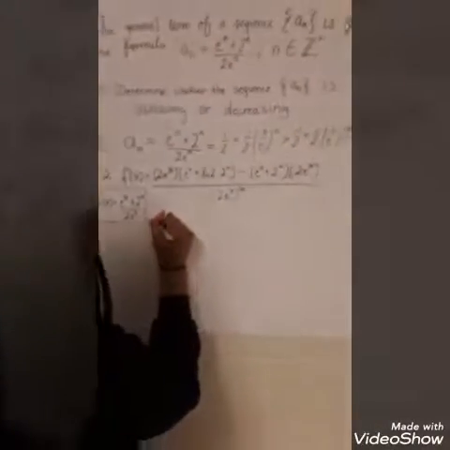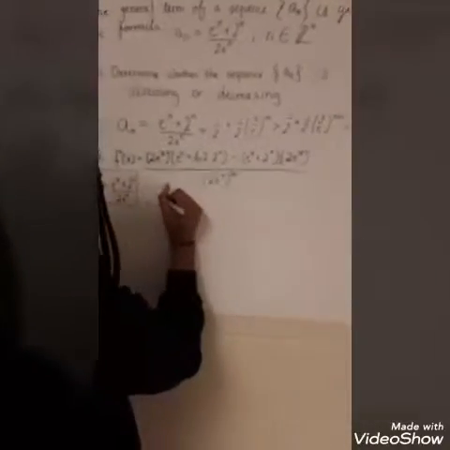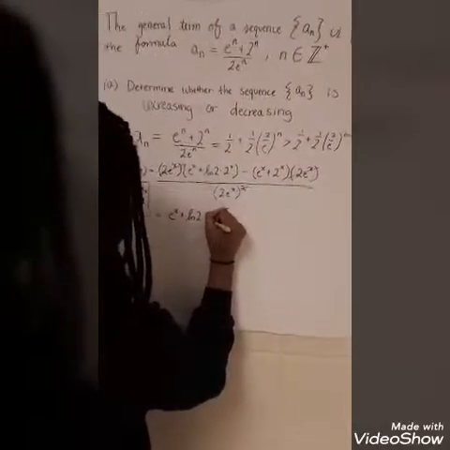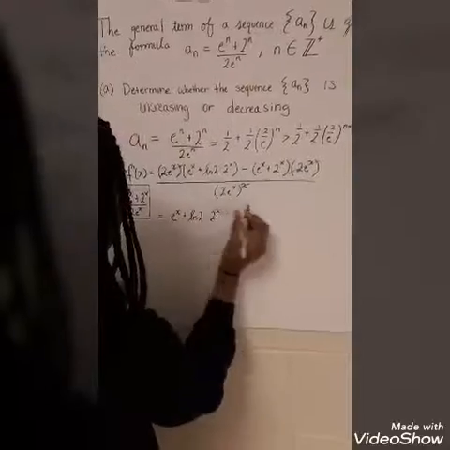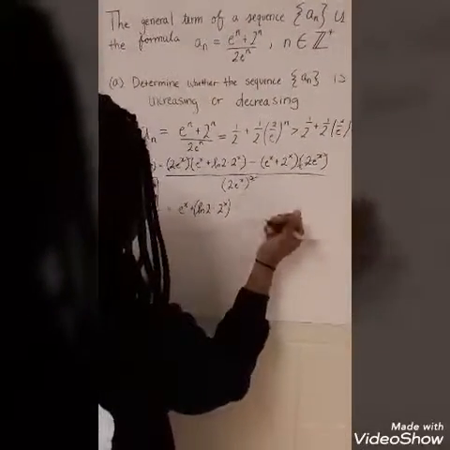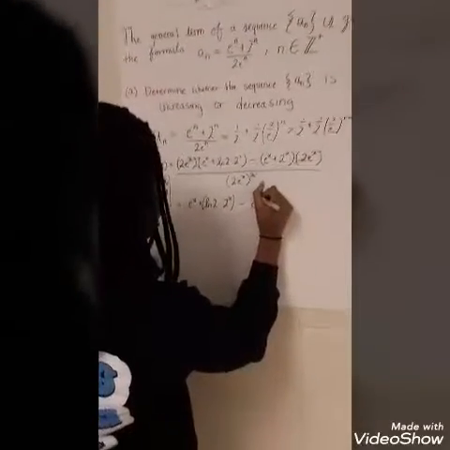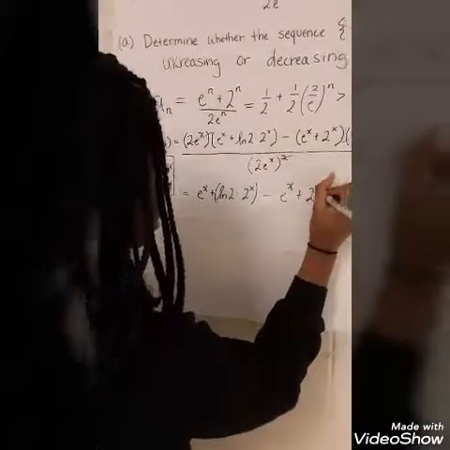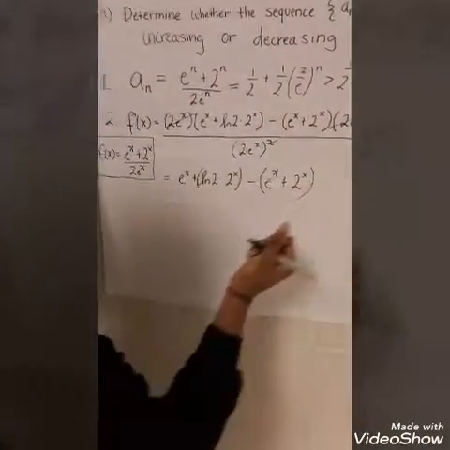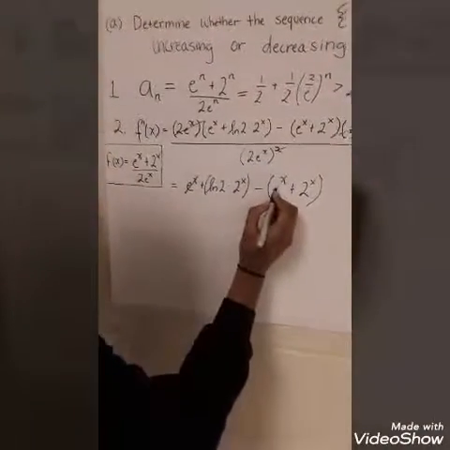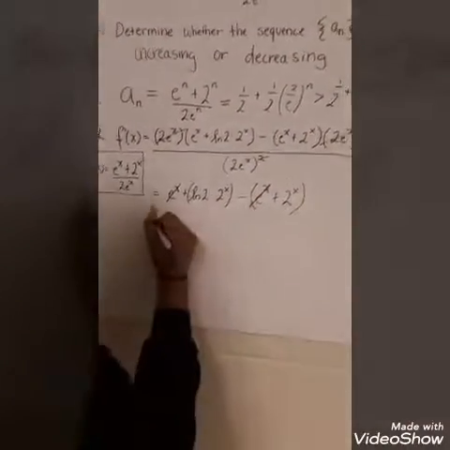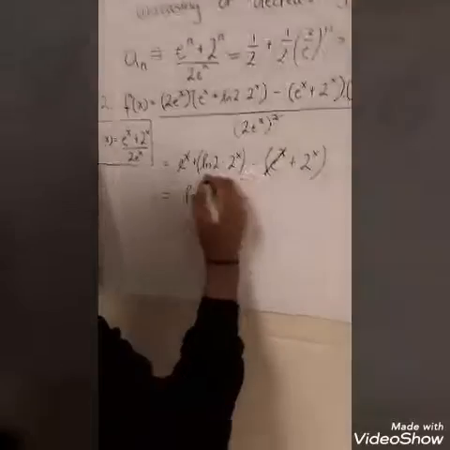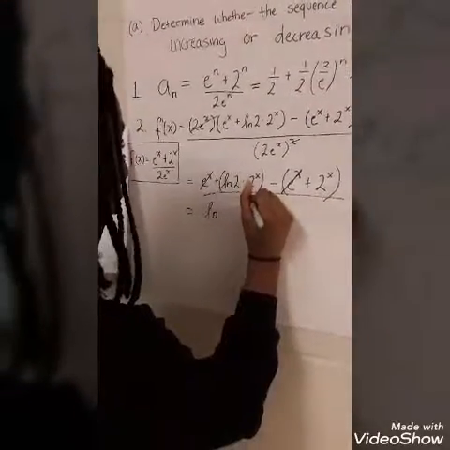So now this is equal to e to the x, and 2 times 2 to the x, minus e to the x, plus 2 to the x. We can say this cancels out with this. So now we just have ln 2, all of this over 2 to the e to the x.